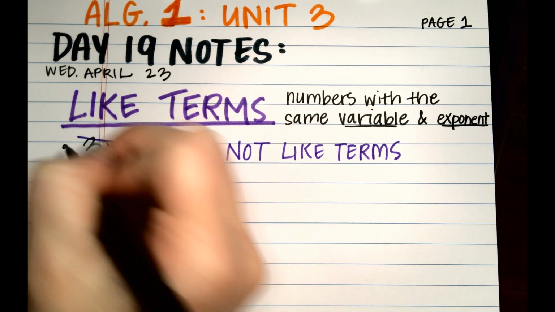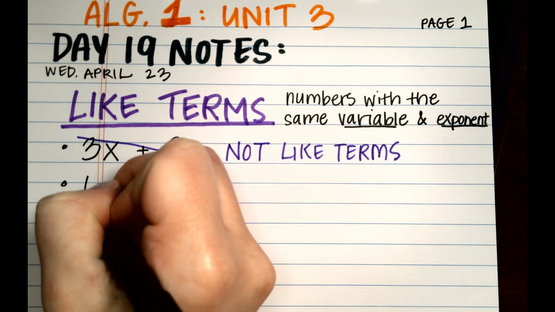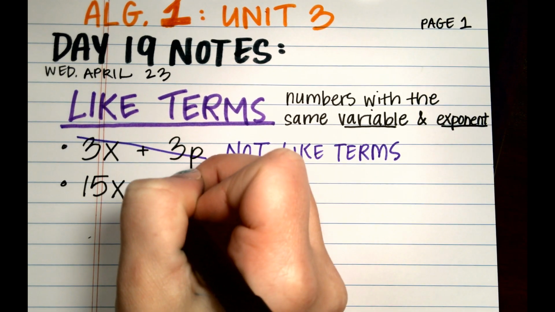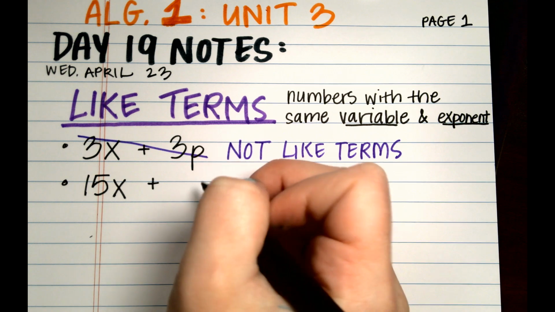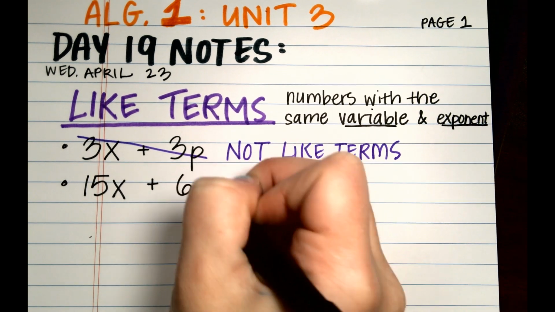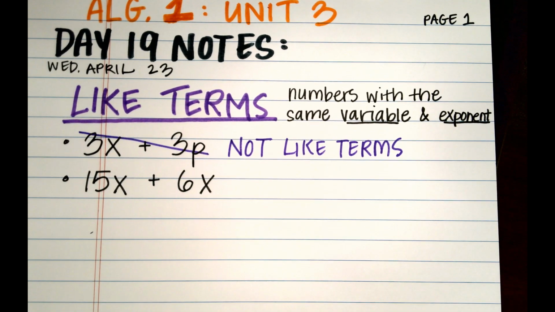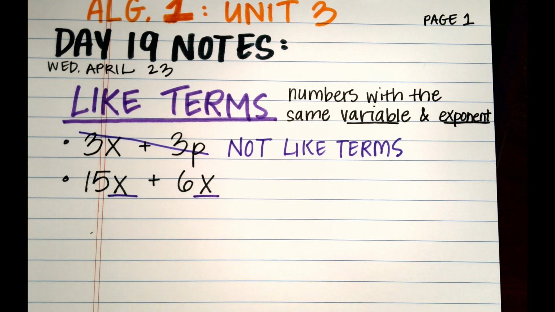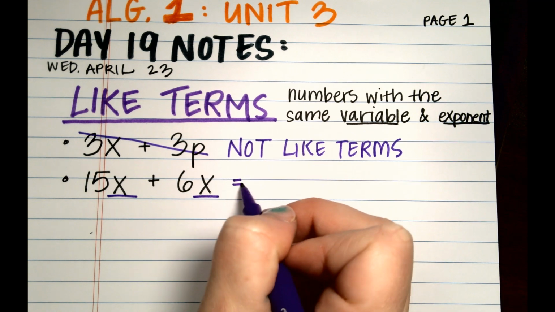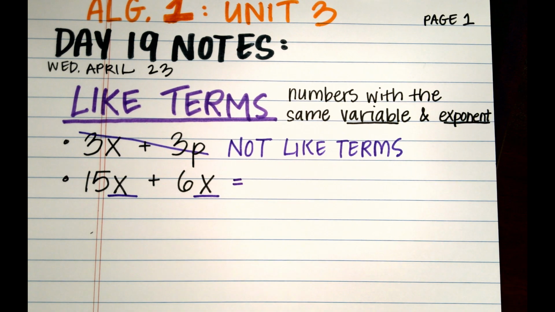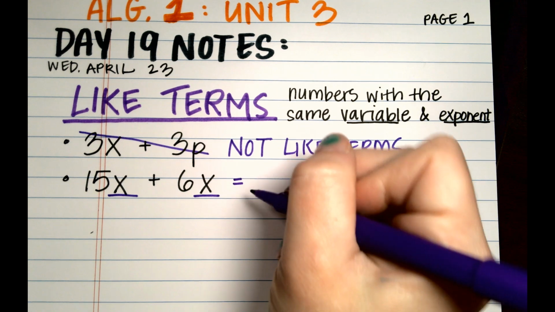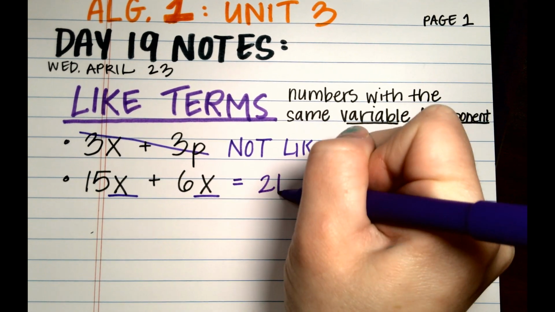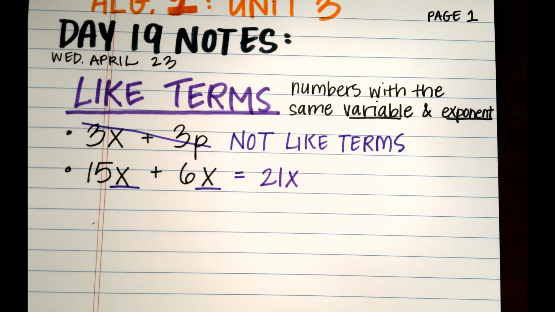What about 15x plus 6x? Are these like terms? Yes. If they are like terms, they have the same variable, then we can add and subtract them like normal numbers. So if I were to add 15x plus 6x, what would that give me? 21x. Perfect. Those are like terms. We can add them.